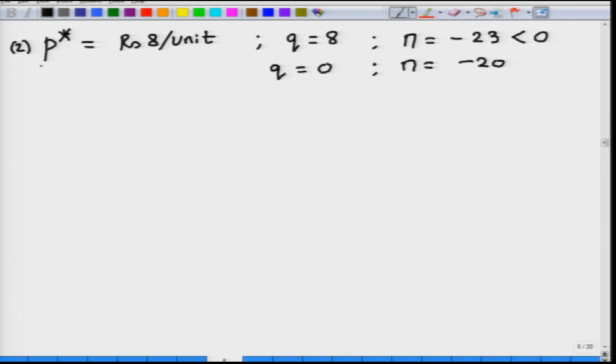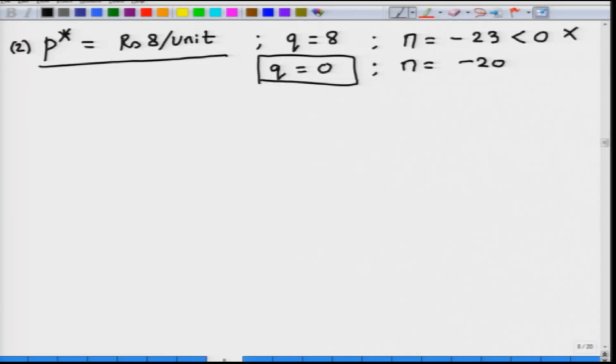So, when the price is 8 rupees per unit, the optimal choice of the firm is actually Q equal to 0, which is to not produce at all and not choose 8 units of output, which we incorrectly computed by using the rule price equals marginal cost. So, let us ask, under what condition can I use the rule price equals marginal cost, and under what condition will the firm not produce at all?